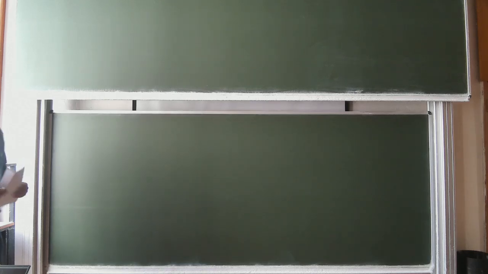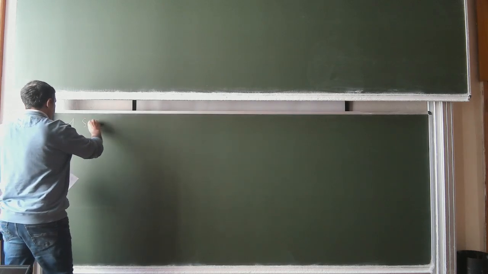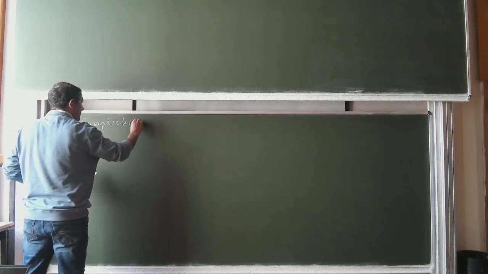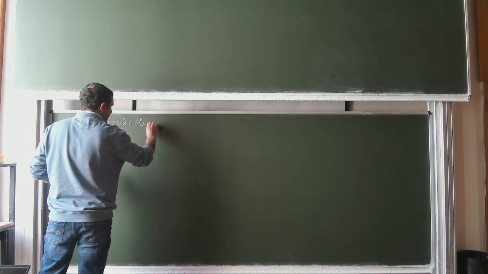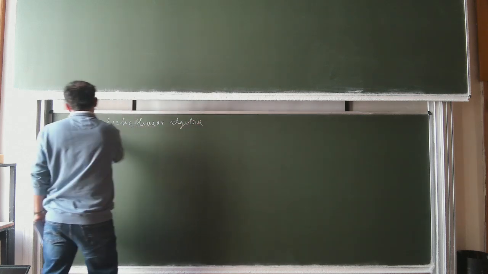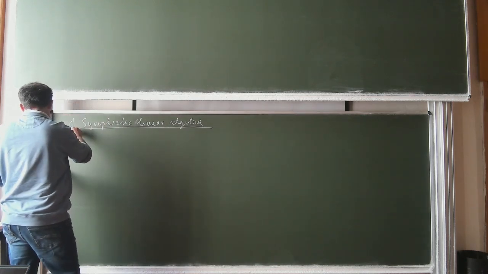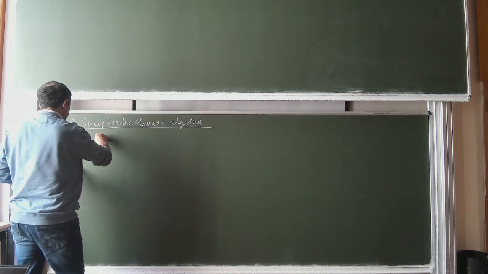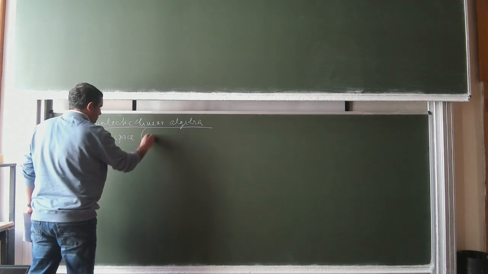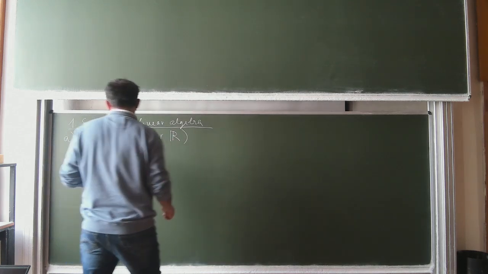So first, I will start with symplectic linear algebra. Let us suppose V will be a vector space over R of finite dimension.